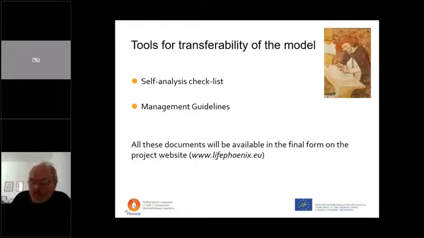And one of the key points of the whole LIFE project is transferability, and the tools to transfer have been identified in two documents: the self-analysis checklist and the management guidelines.